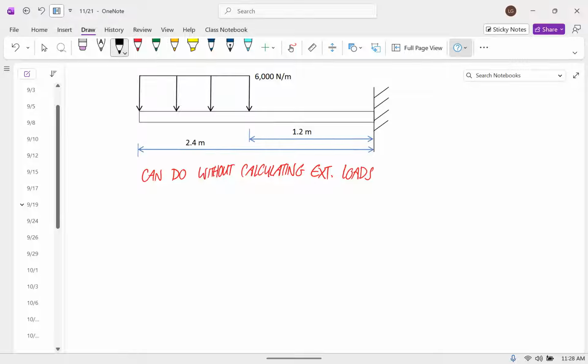How many cuts do we need here? Yeah, that's right, 2. There's one that you get no matter what, and then a second one from where the distributed load function changes.